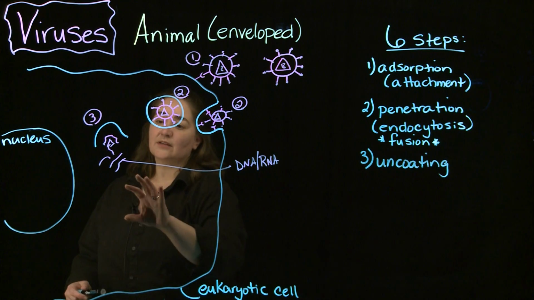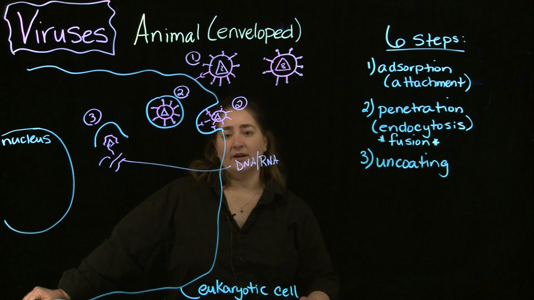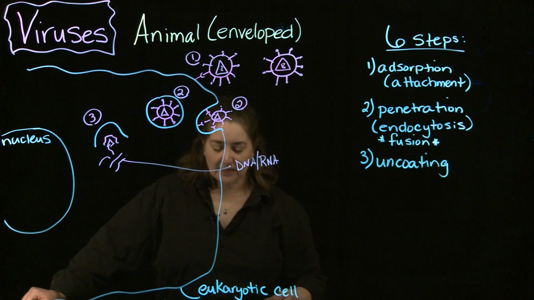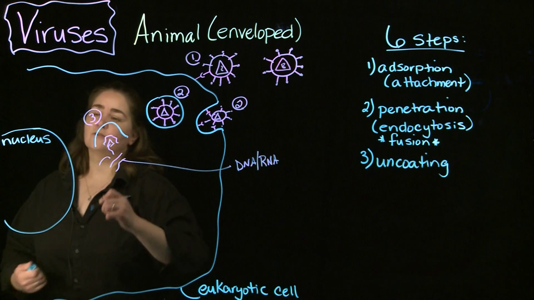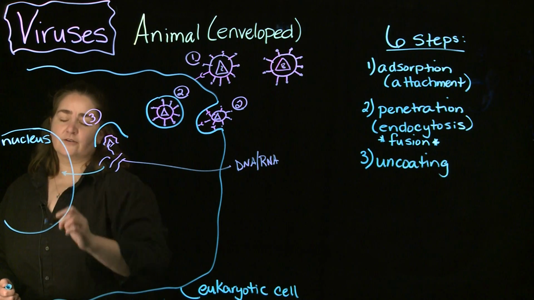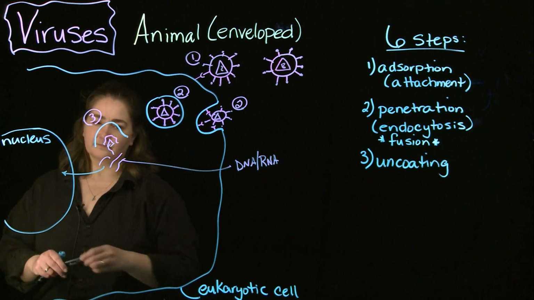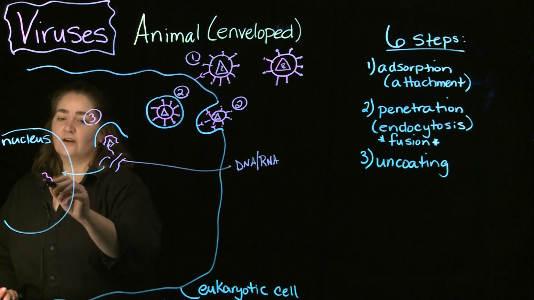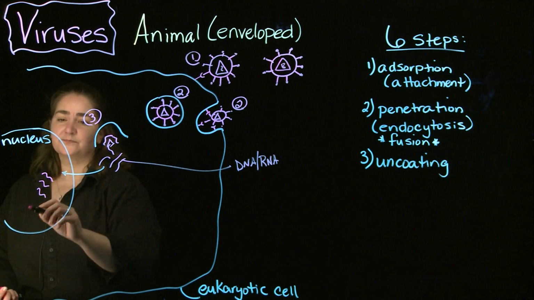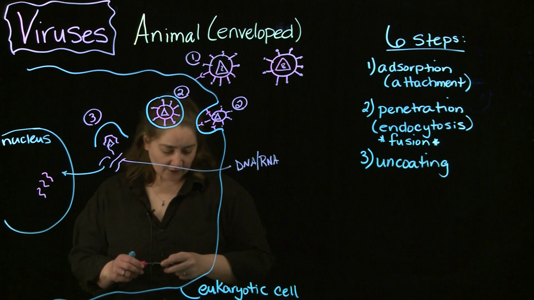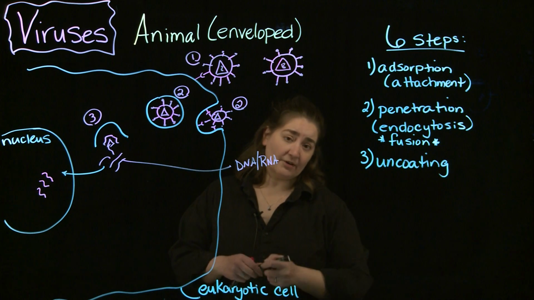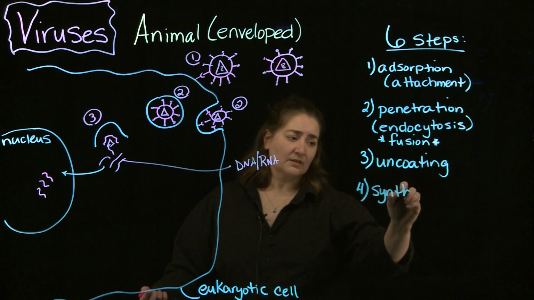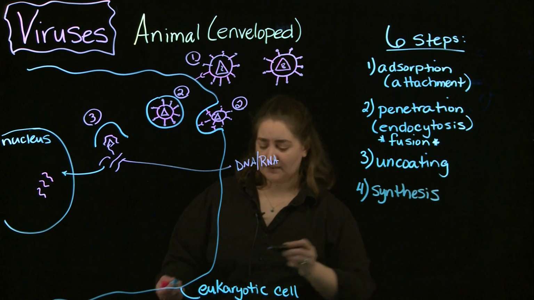And then typically, depending on whether it's an RNA virus or it's a DNA virus, some different things will happen, okay? Typically, that genetic material is going to migrate to the nucleus, although it doesn't always have to. All right, when it's in the nucleus, then we are going to start our next step, which will be synthesis.